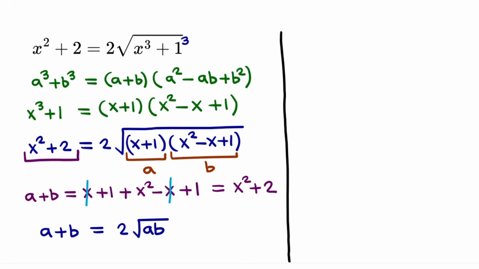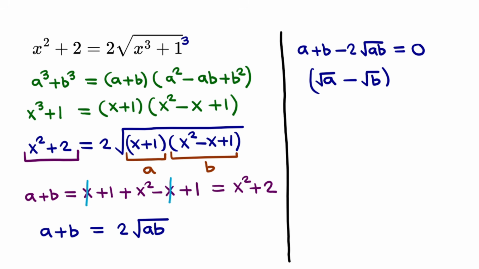Bring everything to the left side. We get a plus b minus 2 times the square root of a times b equals 0. Does that expression look familiar? It is actually a perfect square. It can be written as the quantity square root of a minus square root of b, completely squared, equals 0.